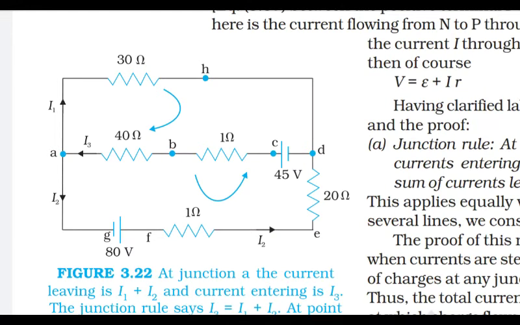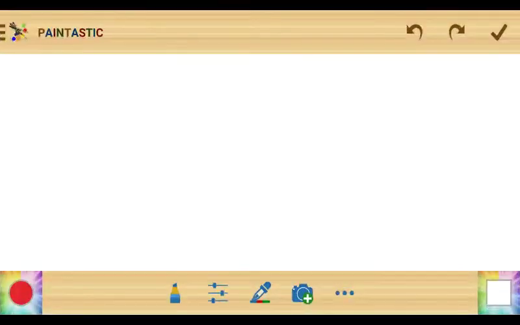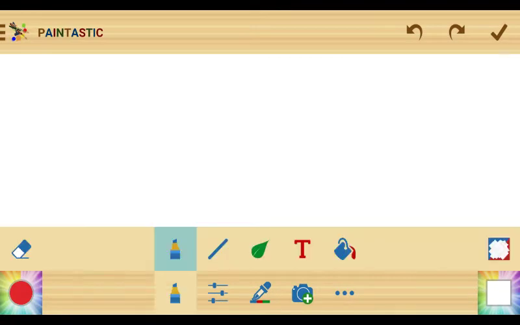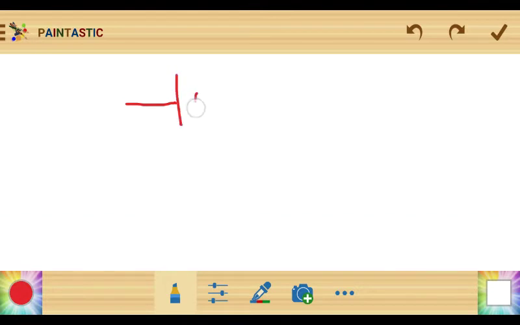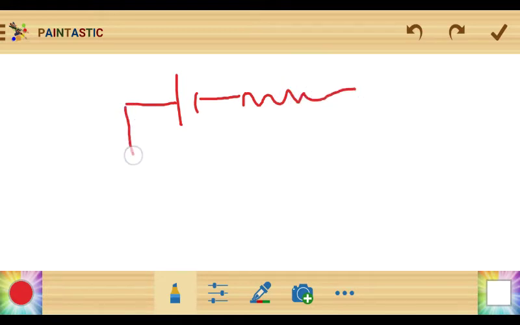Or what I'll do, I'll draw the diagram simply on my whiteboard. It's quite difficult, but let me try how it can be done. I need a straight line. This is a type of circuit we have seen. Resistor, and then in parallel one more, and resistor.